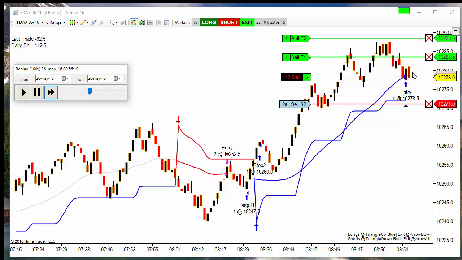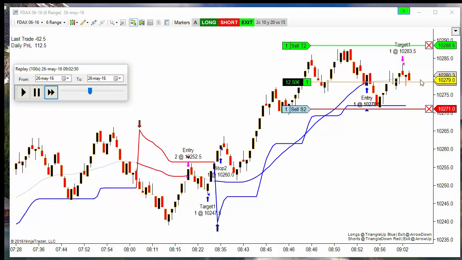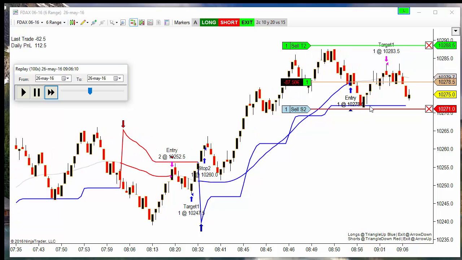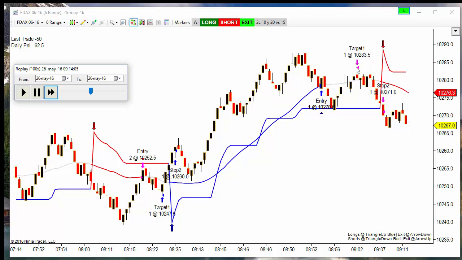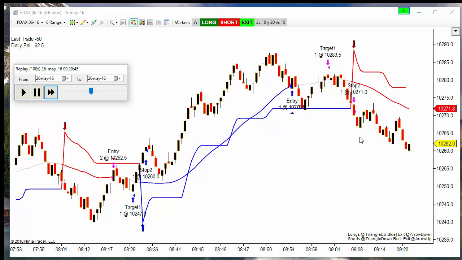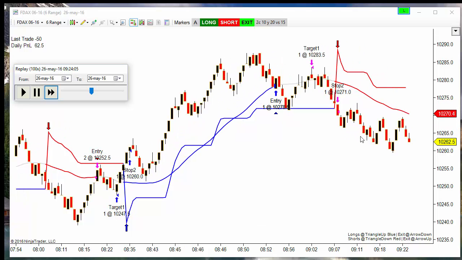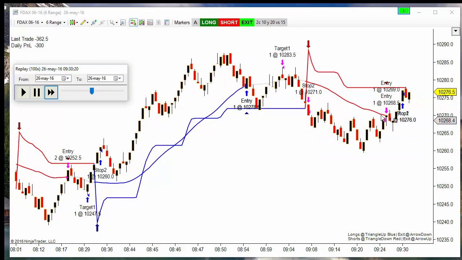Order filled. Now we have a pullback entry very late. Target filled. So this is not a good entry for a pullback. This is the second time I get target 1 and then get stopped out, so I should have a break-even on the first position.